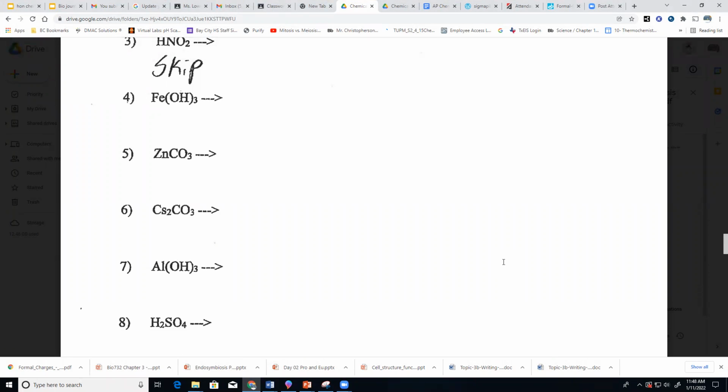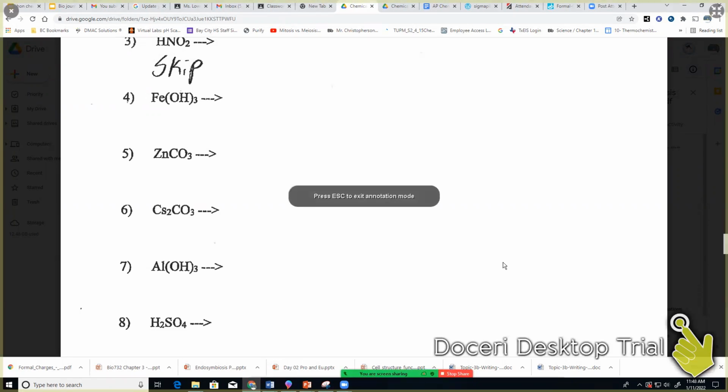All right, number 4, we have iron hydroxide. So what is iron hydroxide going to become? Metal oxide and water. We're down to number 7 if you labeled them. So it's going to become a metal oxide. So my metal is iron.